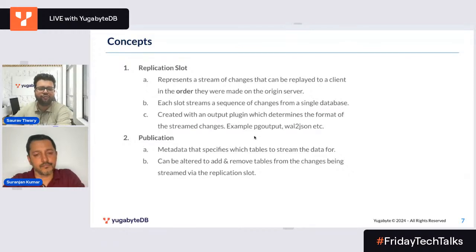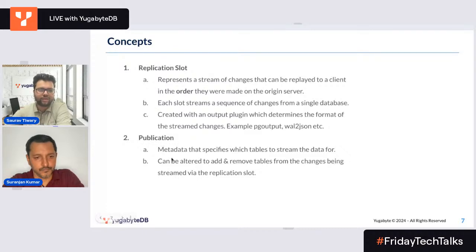So let's move on to publication. If we only had a replication slot, there is no way to choose which tables you are interested in, because a replication slot is tied to the whole database. To allow that, Postgres introduces another object called a publication, which is just a fancy name for a list of tables.